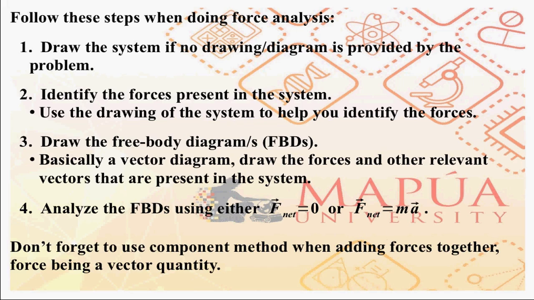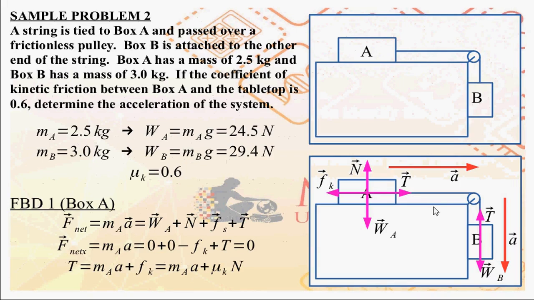Case in point, let's look at free body diagram 1, box A. F net is equal to the summation of the forces acting on the system. You have weight, normal force, friction, tension. So the sum of all those forces gives you the net force. Object A has acceleration, so F net is equal to ma. Since we're talking about object A, we use mass A.